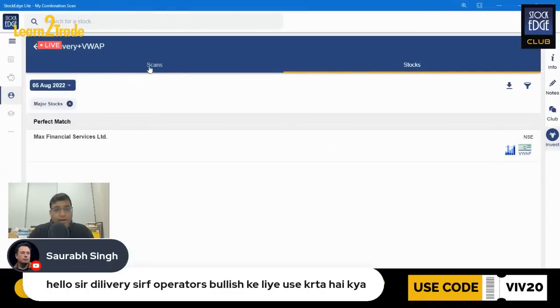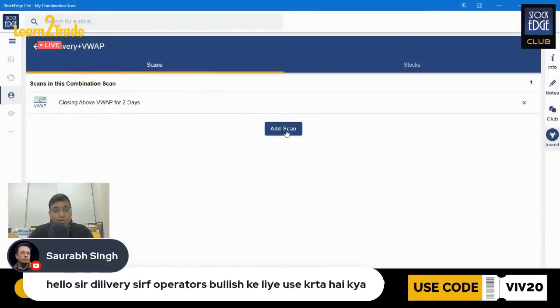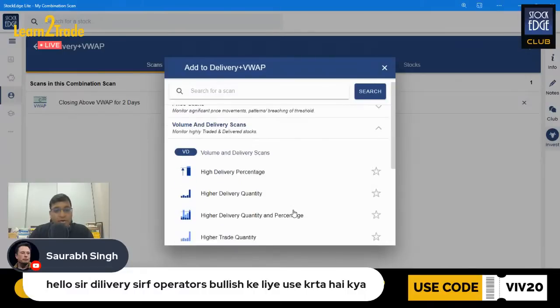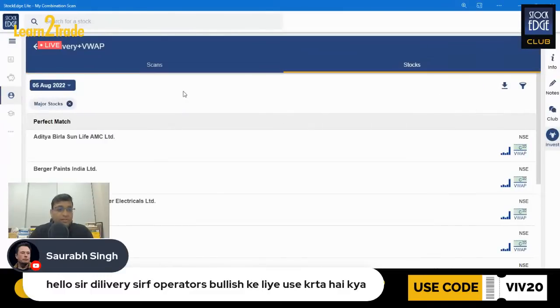So similarly, you can figure out more stocks which are showing high delivery. तो एक काम करते हैं, let us keep it more simple. Let us add only delivery, not the percentage. So high deliver quantity. Now let's see. Yeah.